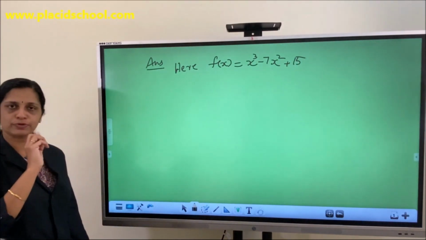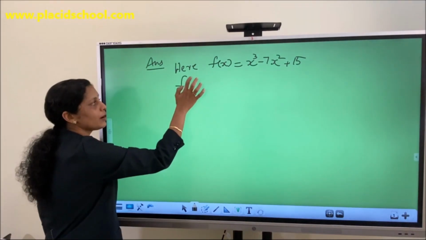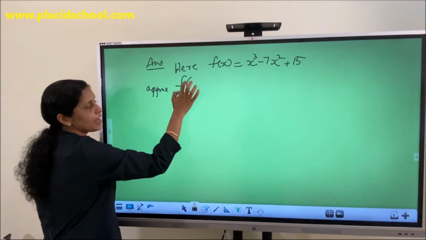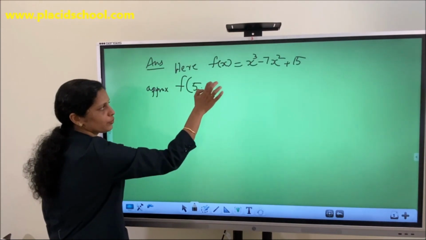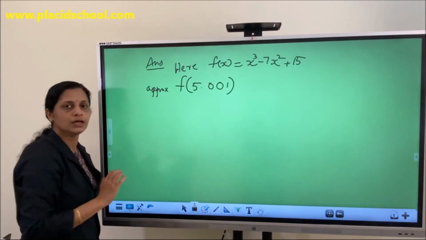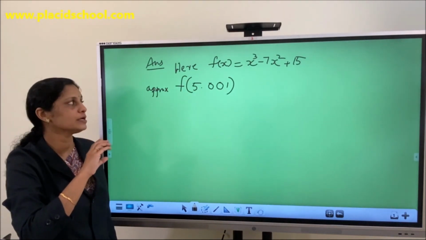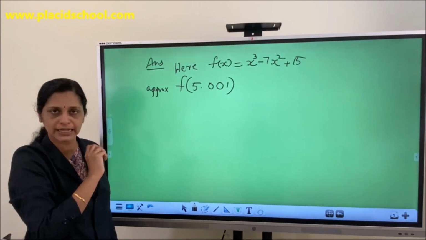We need to find the approximate value of f of 5.001. Therefore, take the whole number part for x and 0.001 for delta x.